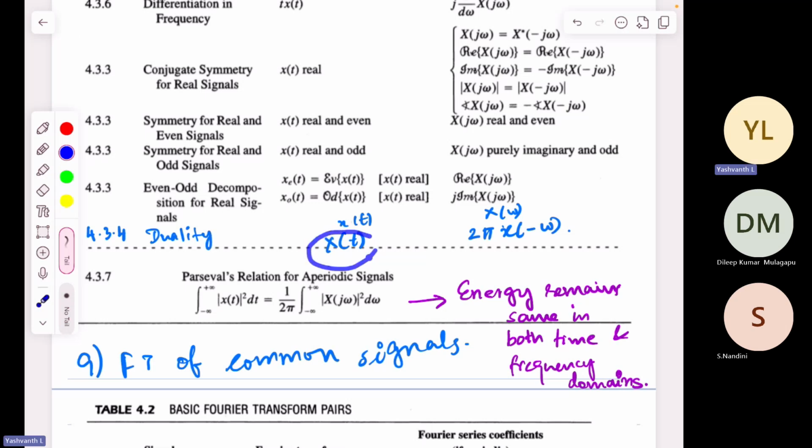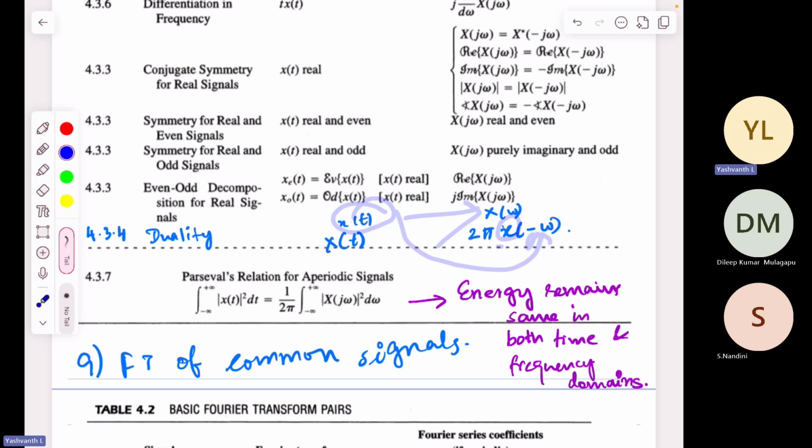Then its corresponding Fourier transform will be 2 pi times small x of minus omega. You see, if small x has a Fourier transform capital X, then the capital X signal, when you think about it in the time domain, will have the Fourier transform 2 pi times small x of minus omega. That is, you just do a frequency reversal, but you take the same small x of t which you considered in the first step. This is called the duality property.